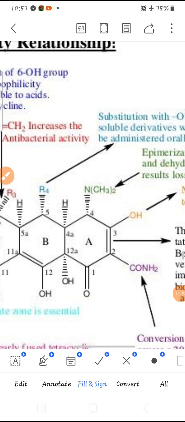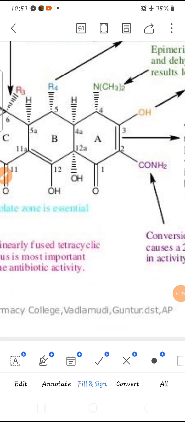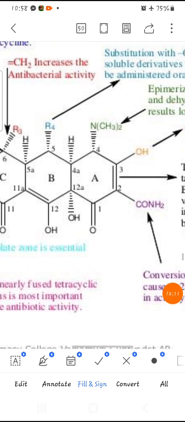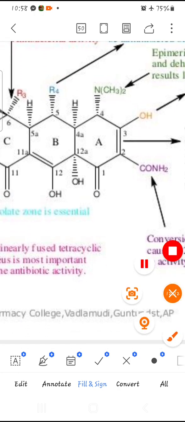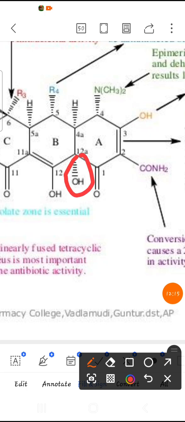Also, another very important feature: the A ring and the B ring must be cis-fused with a 12a substitution. At the 12a position we have an OH group, the 12a-OH.